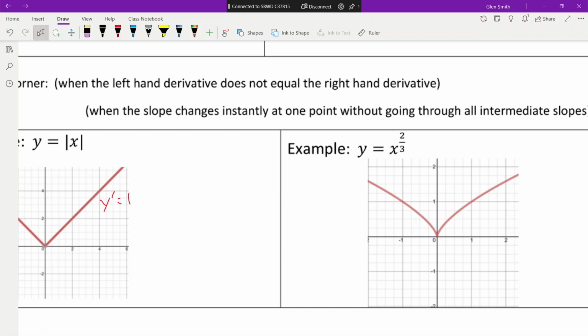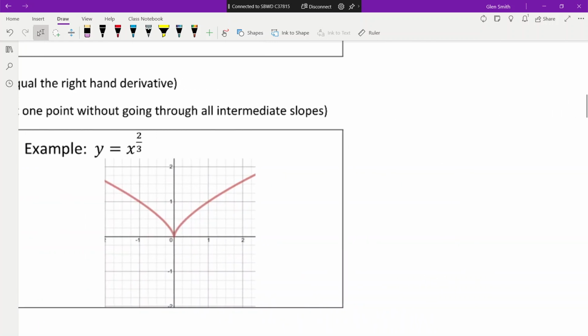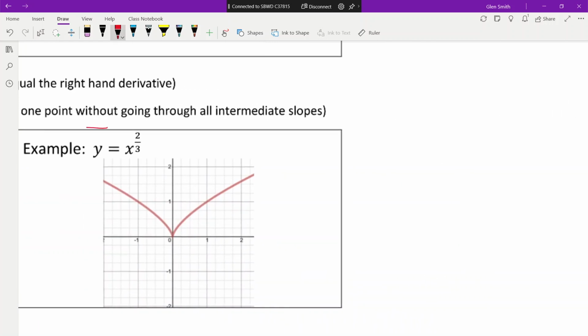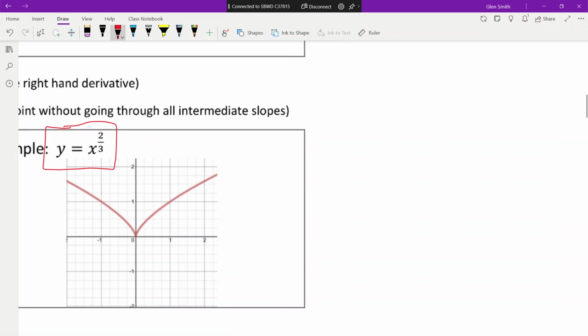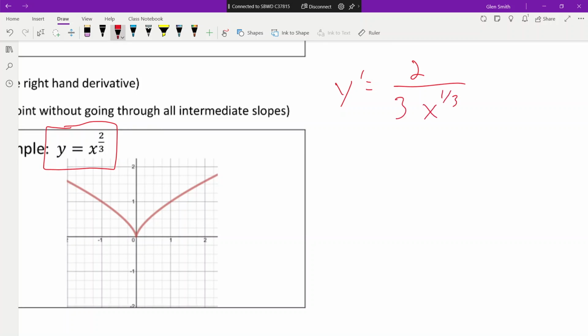All right. What's somewhat nice about differentiability, check this out. If I asked you where this function is not differentiable, and you had no idea what the graph looked like, well, you could derive it. Y prime is just 2/3 x to the 1/3, right? Where is this not defined? At 0. You can just derive it and check the derivative.